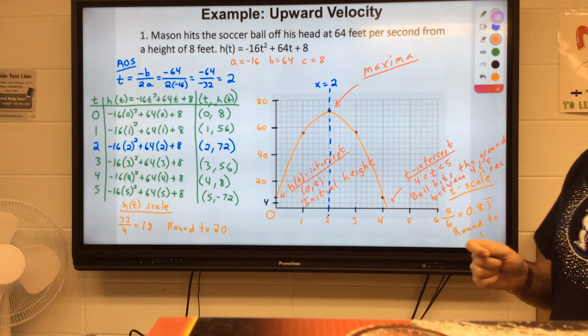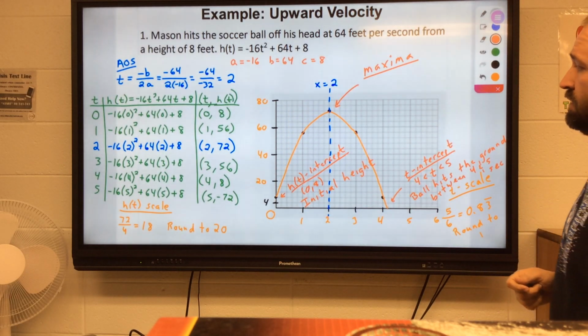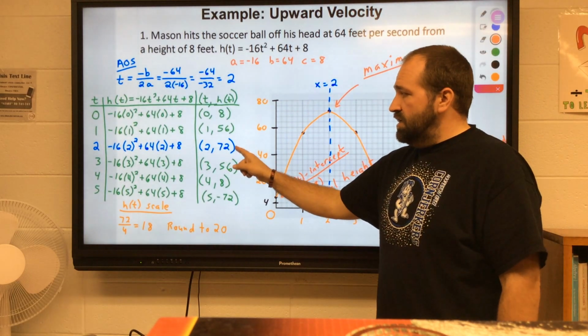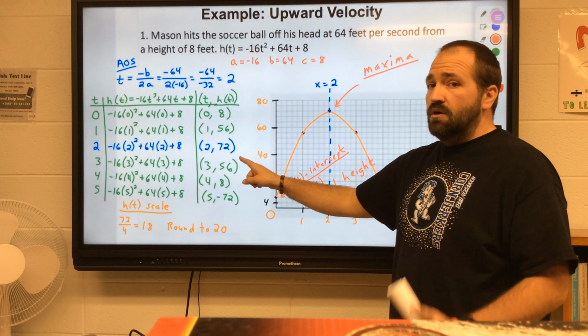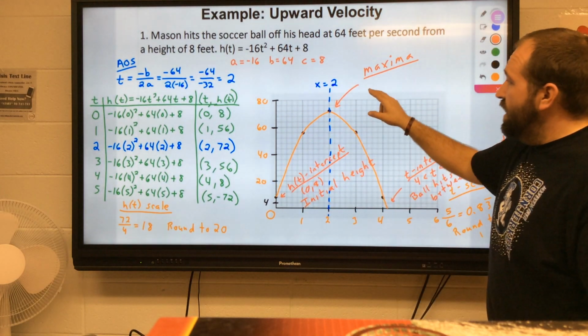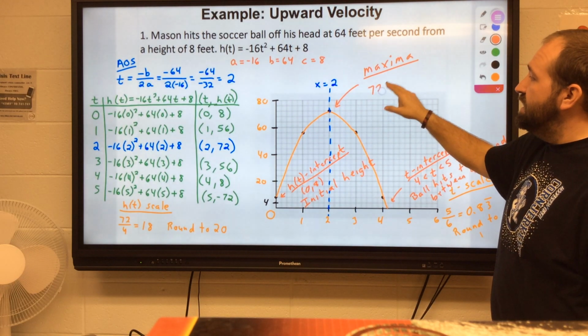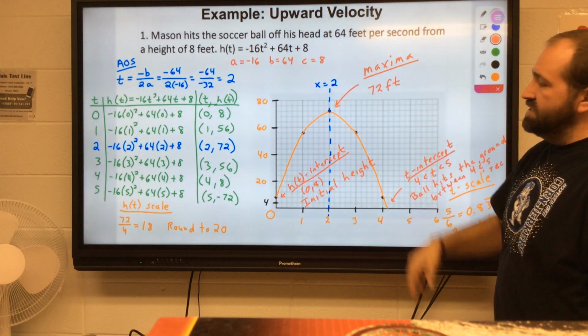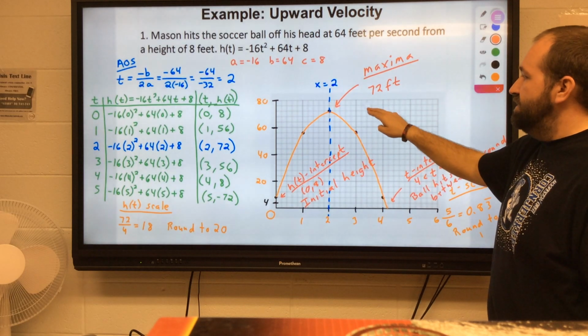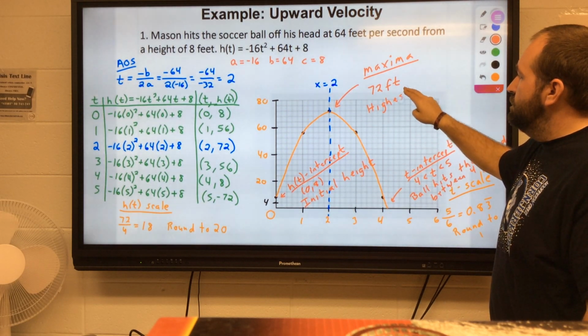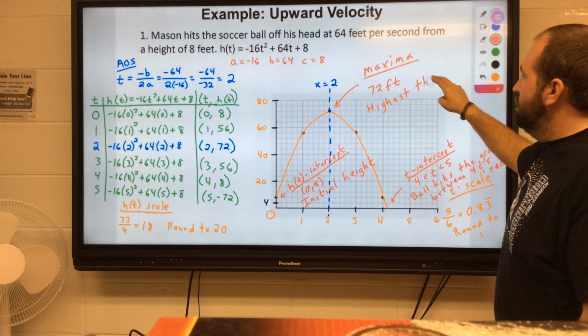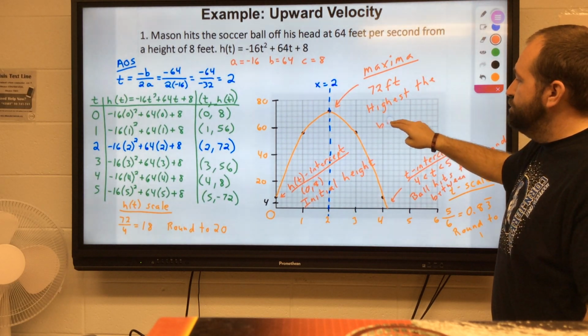Do not round off a decimal if you have a decimal. Okay, so the maxima is just the y value. It's not the ordered pair here, it's just the y value. So we have 72 feet in this problem is the maxima, and that is the highest the ball will go.